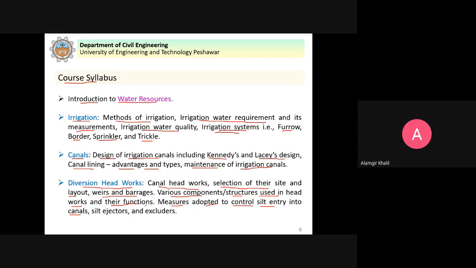Also we would like to supply silt-free water to the crops. So for this, we use silt ejectors and silt excluders. We will study in detail how they function and how they control the silt entry into canals.